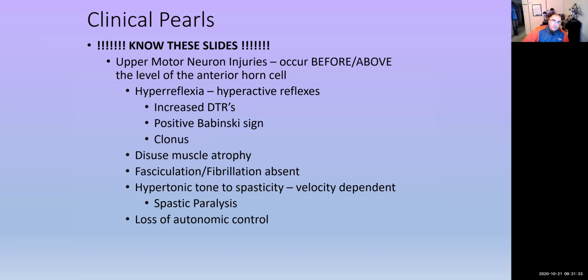The upper motor neuron injury is going to cause disuse muscle atrophy. Because there is no signal going to the muscle, it's just going to waste away. So the muscles will eventually waste away. That means later on, if you have an upper motor neuron injury, is clonus going to go away, or become less relevant?